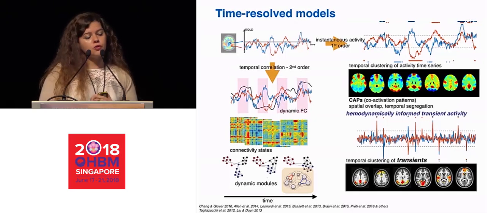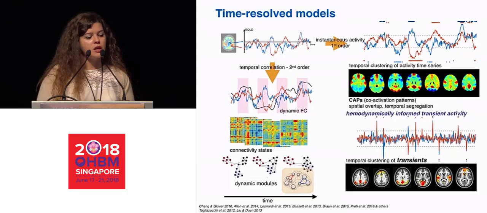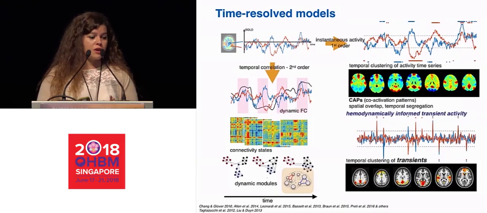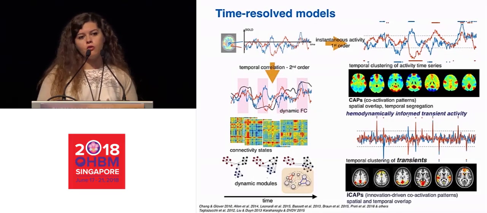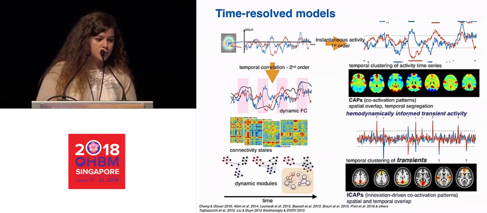So instead of doing the temporal clustering on the ongoing activations, we propose a method to do a spatiotemporal deconvolution of the fMRI data, where we get information about the transient activity that represents the onsets and offsets of the intrinsic events. When we do temporal clustering on those transients, we call them innovation-driven co-activation patterns, iCAPs. We get spatially and temporally overlapping networks.